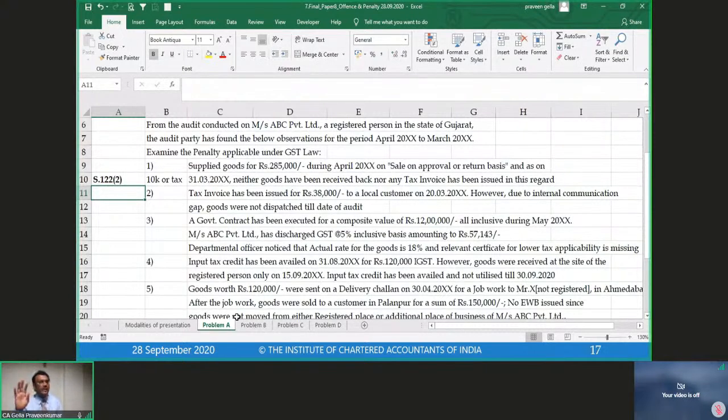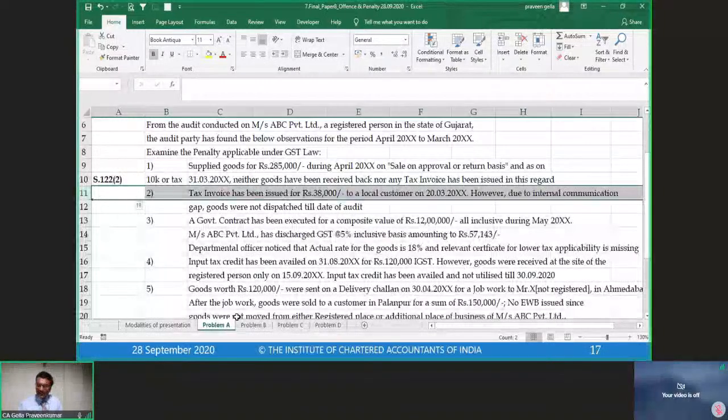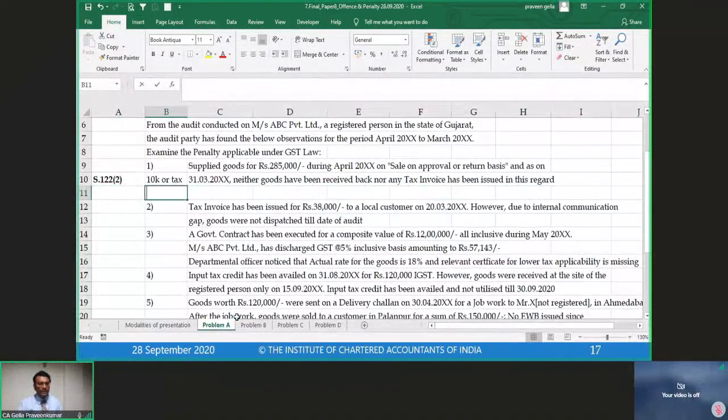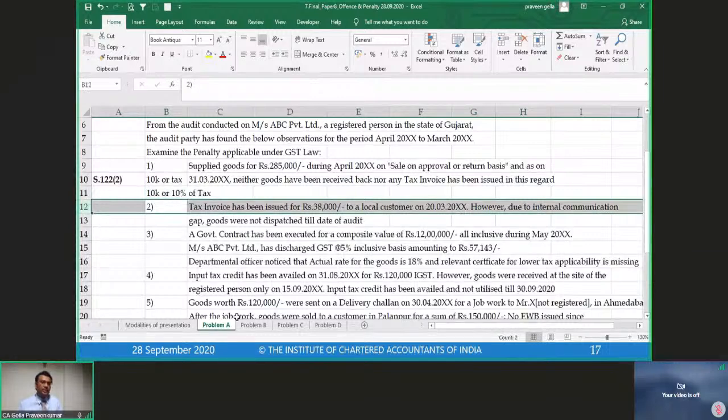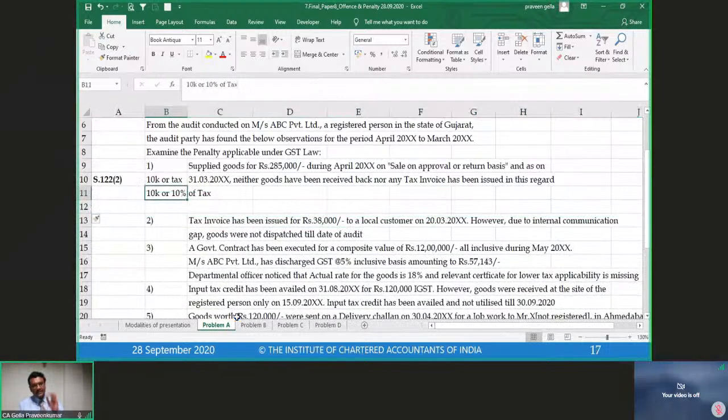If intention to evade payment of tax does not exist, then I'll pay 10,000 or 10% of tax not paid, whichever is higher. So the answer to point number 1 is that it is covered under section 122 clause 2.